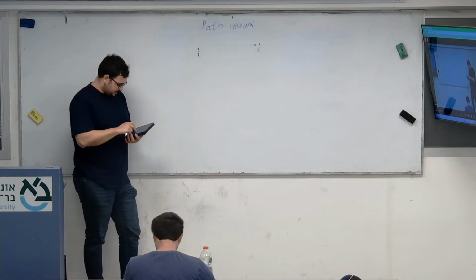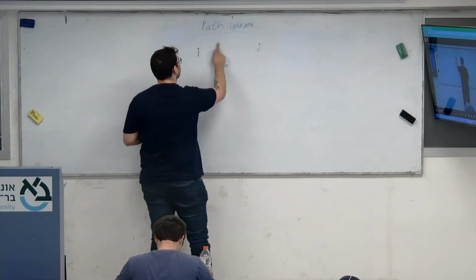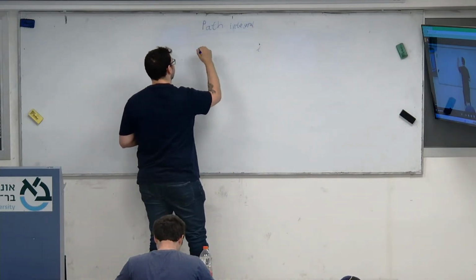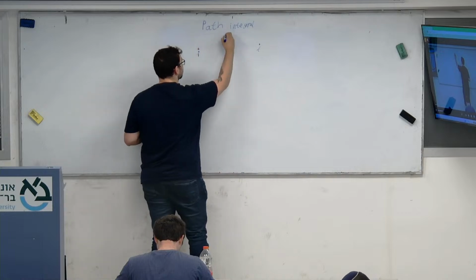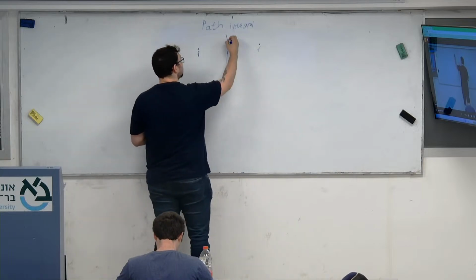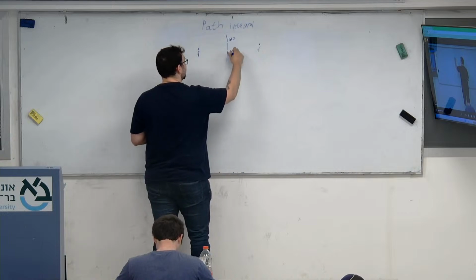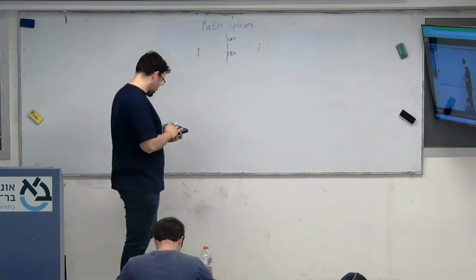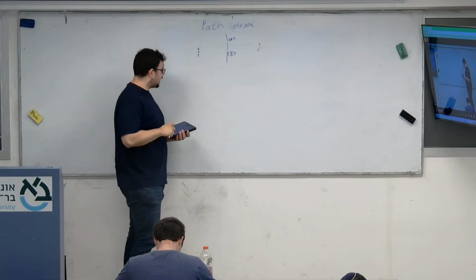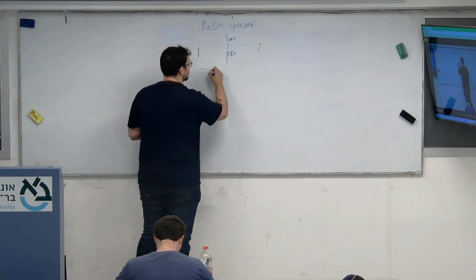So let's suggest an experiment that you all know very well: the two-slit experiment. We call the top slit A and the bottom slit B. And let's say this is the z-axis.